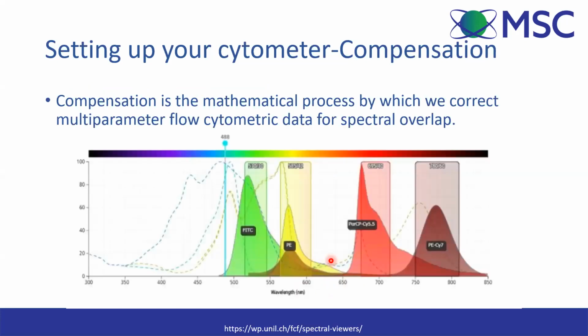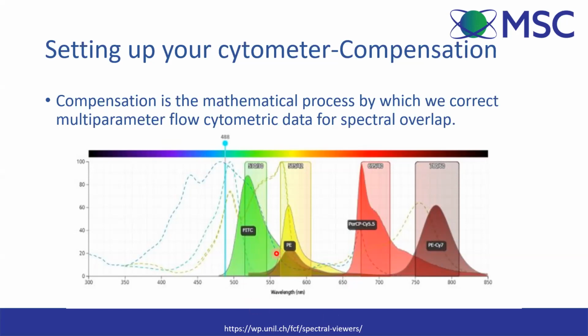So next, we'll talk about compensation. Compensation is almost always necessary in multicolor flow cytometry experiments, and it's a mathematical process by which we can correct multi-parameter flow cytometry data for spectral overlap. We all know what spectral overlap is at this stage, but just to recap quickly, the emission spectra of many of the fluorochromes overlap with each other.